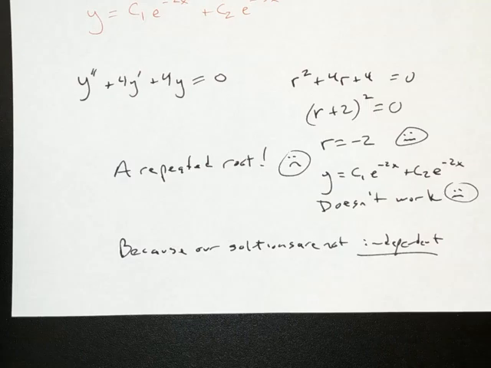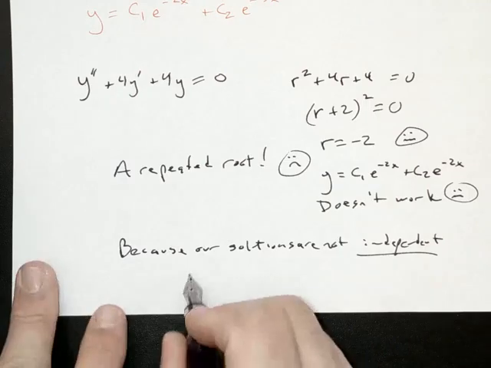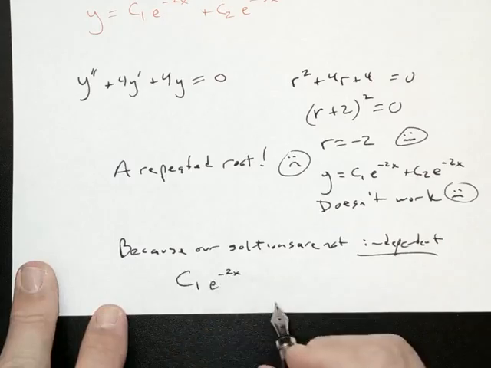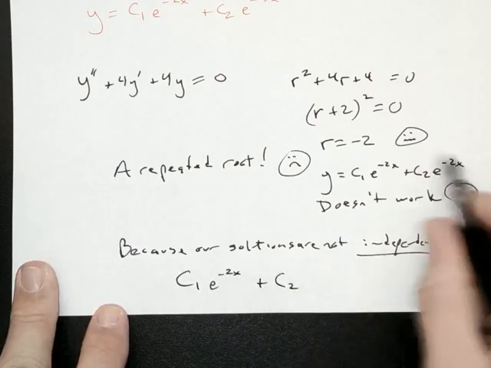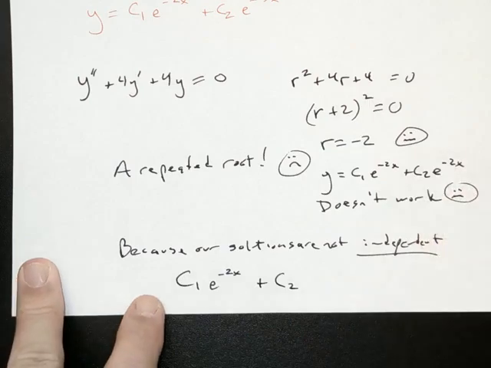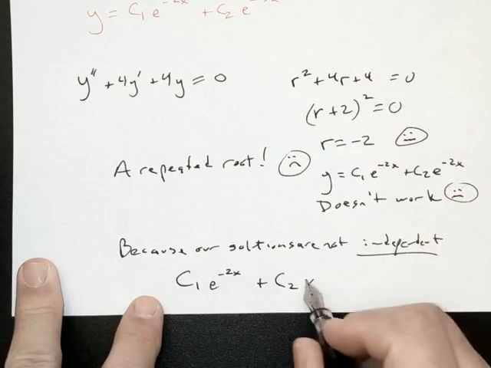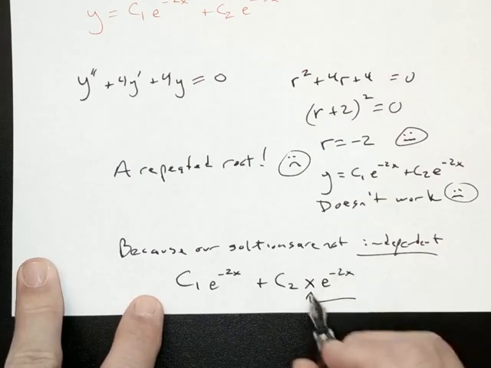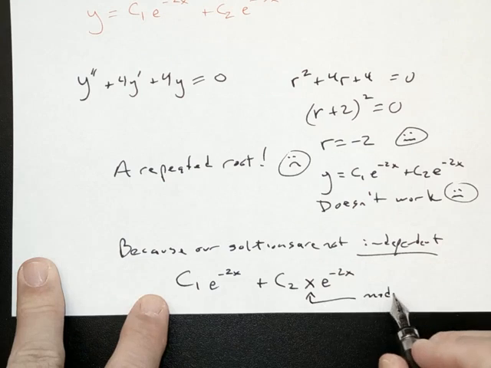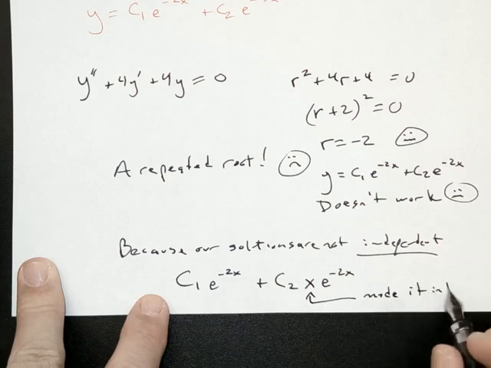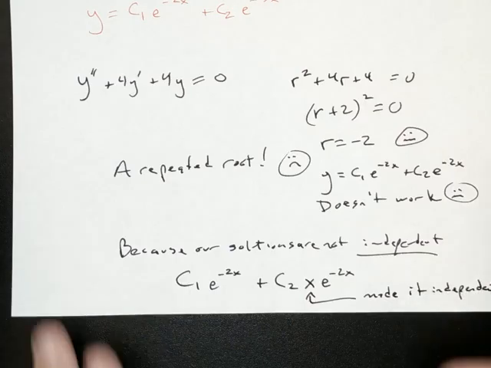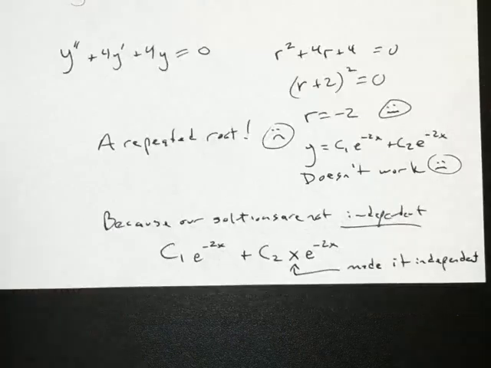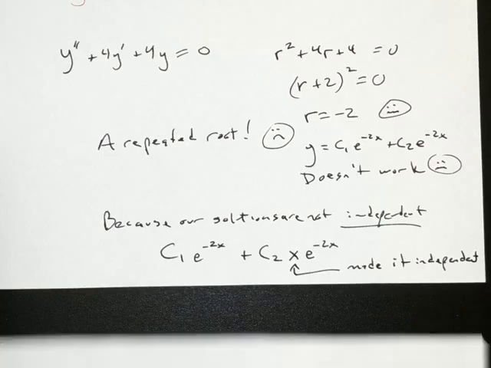And the way they got around this was to say, all right, I'm going to use e to the minus 2x. And then for this second piece, I'm going to stick in something else. I'm going to stick in an extra x. This extra x works. That was enough to make that second solution, that second part, independent from the first part.